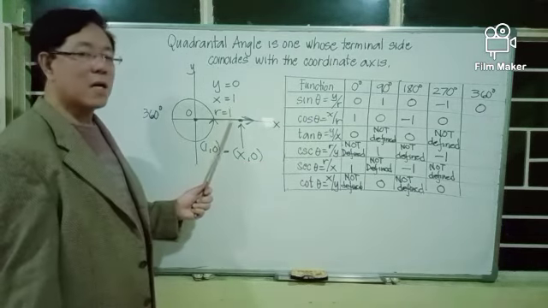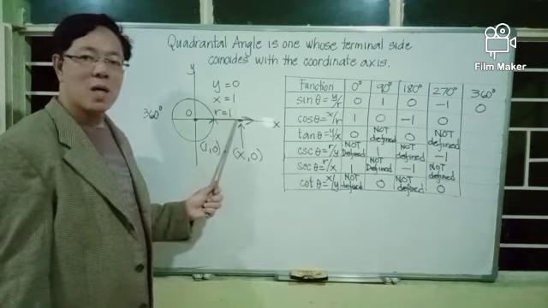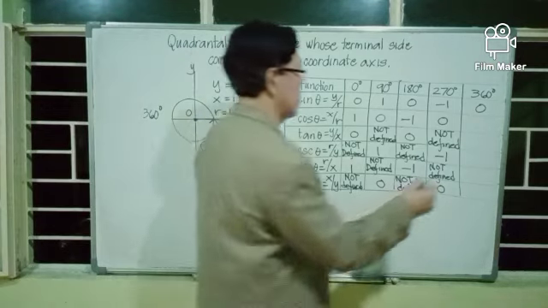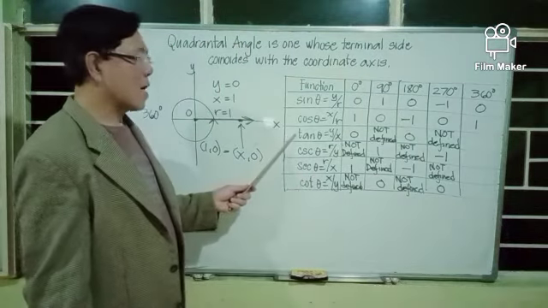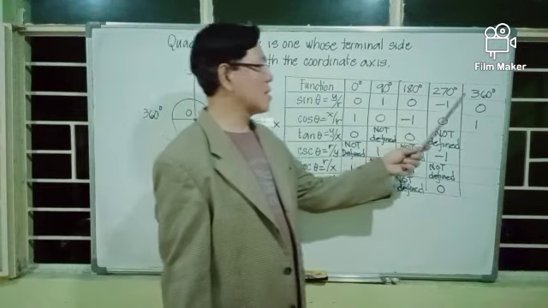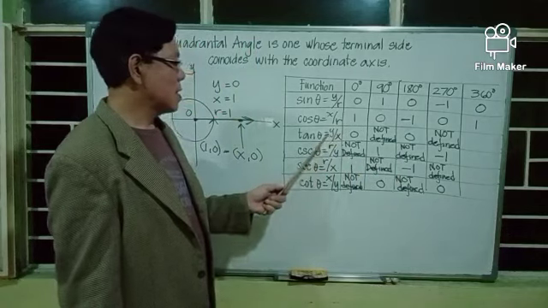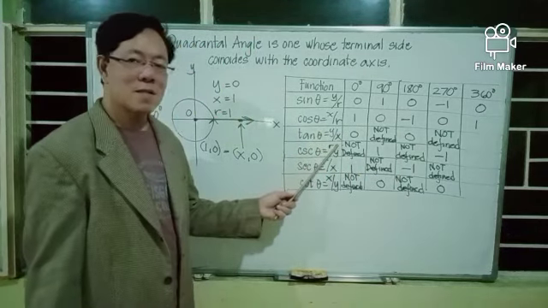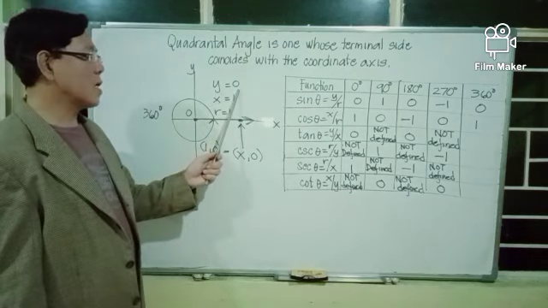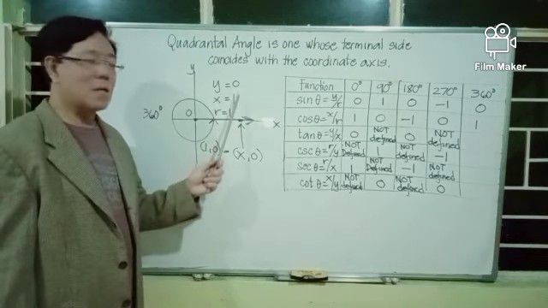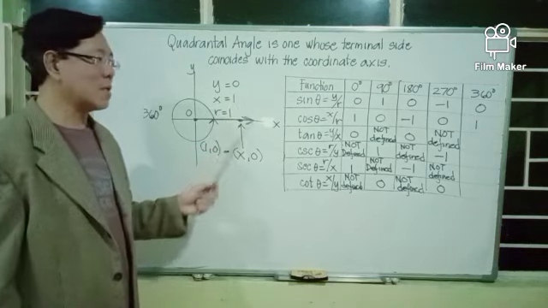X is 1, r is 1. 1 divided by 1 is 1. And tangent of 360 degrees is given by y over x. For 360 degree angle, y is 0, x is 1, 0 divided by 1 is 0.